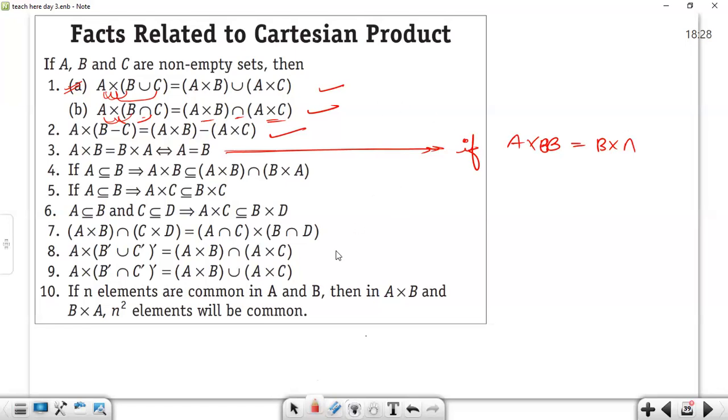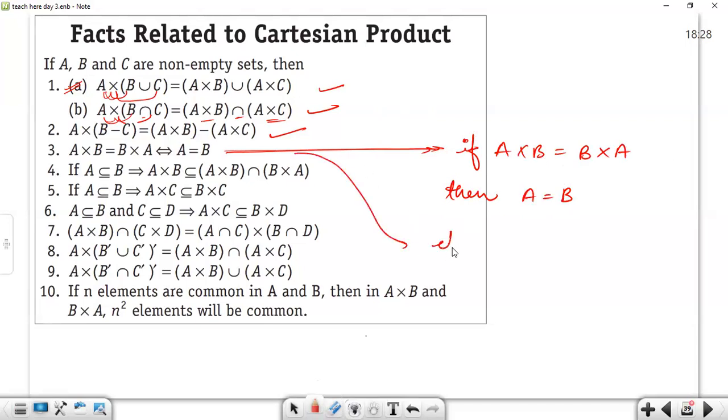Yeah. So it is an if-then condition here: if A cross B is given as being equal to B cross A, then A must be equal to B. Then only it's going to stay true.